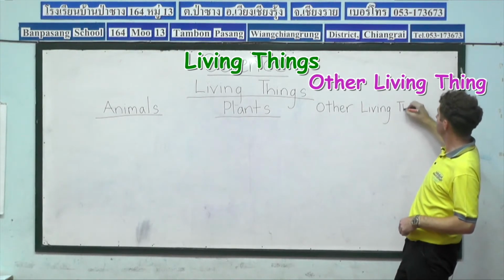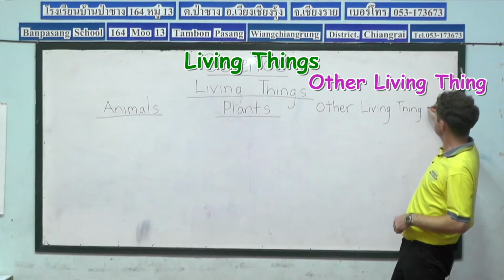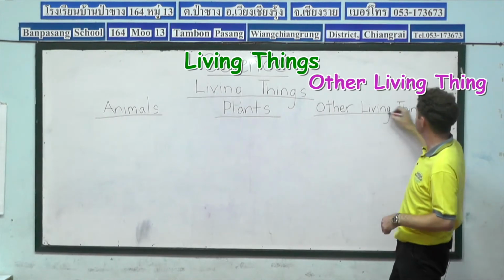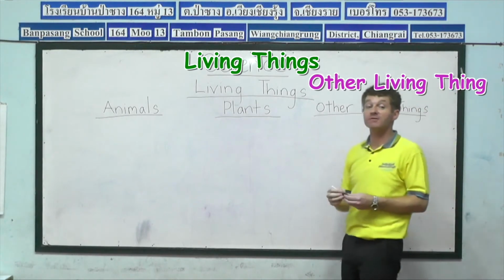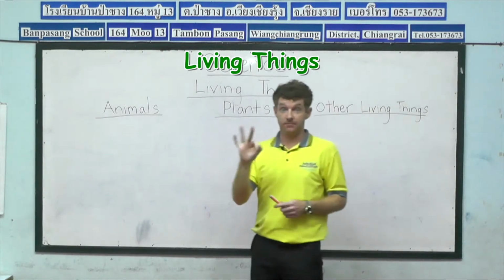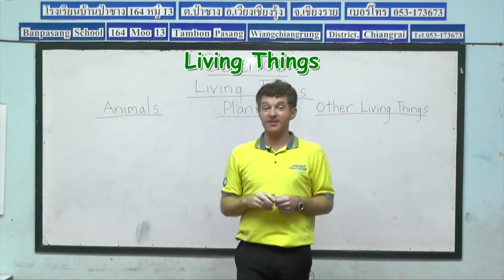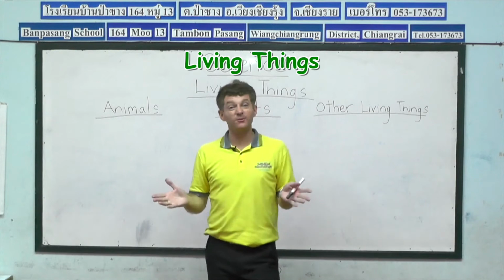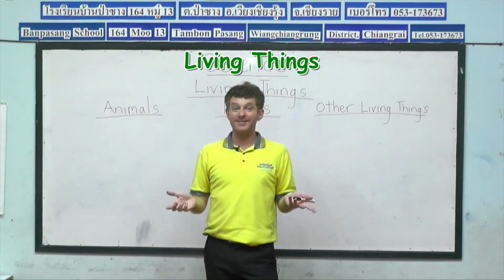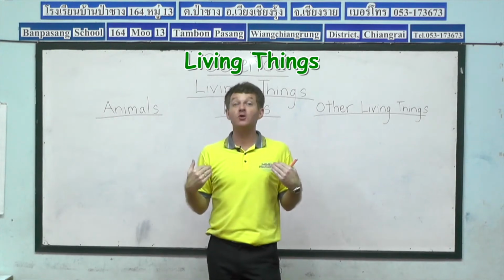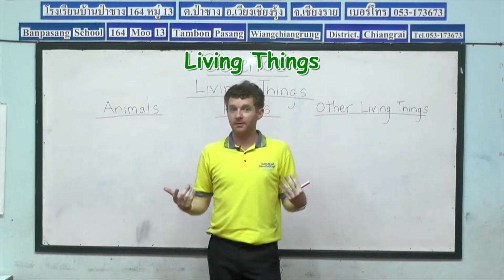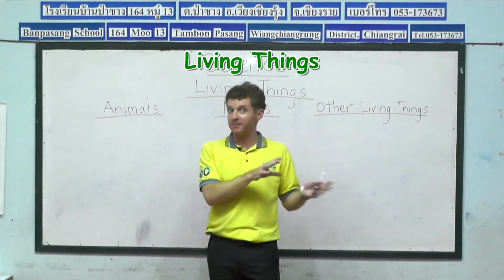Yes, other living things. So how many categories did we work on? Three. But there is also a fourth category. But we didn't use that category because we know it already. It's us, humans or people. We are also an example of living things.